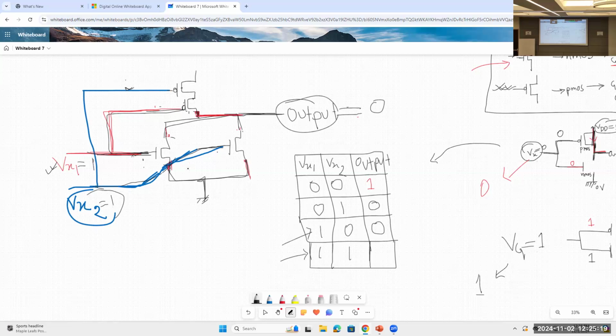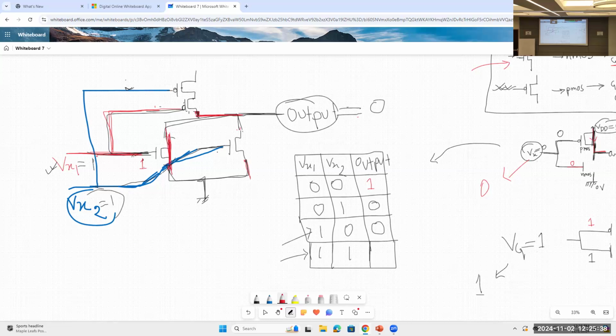Okay, so let's start with Vx1, which is 1 here. This 1 will come to this NMOS. This will be turned on and this will be shorted.